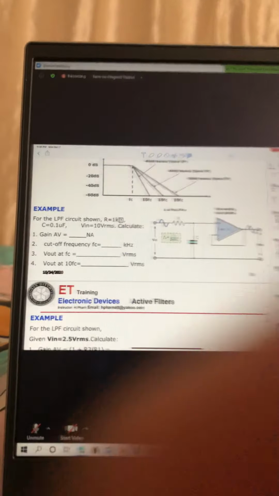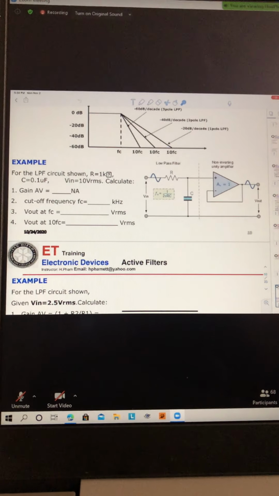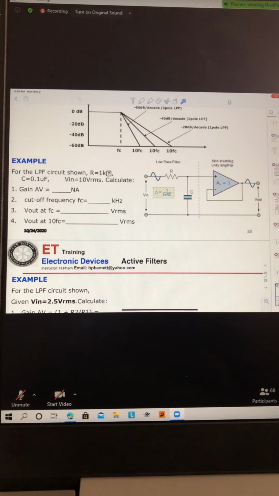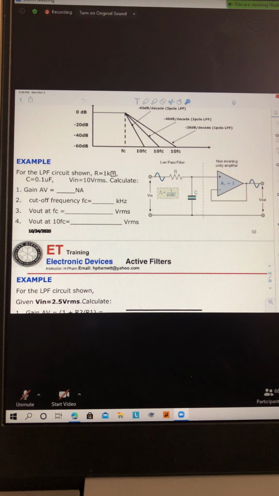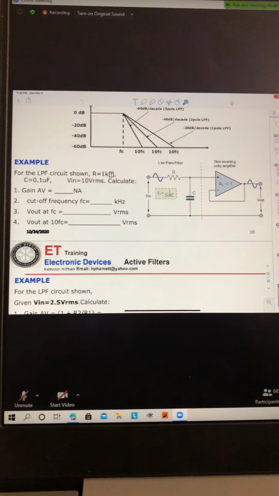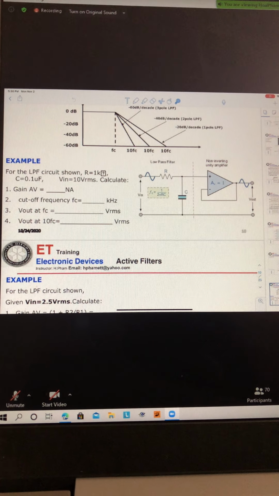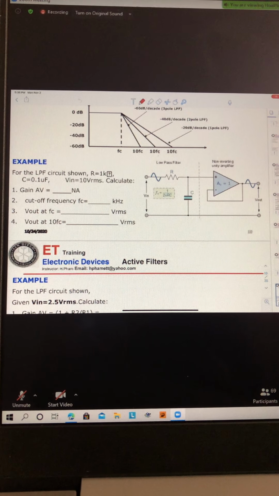And on this one they're using the unity gain amplifier to build a filter, so the gain will be equal 1. The answer we already did last time, I believe so. Gain equal 1.